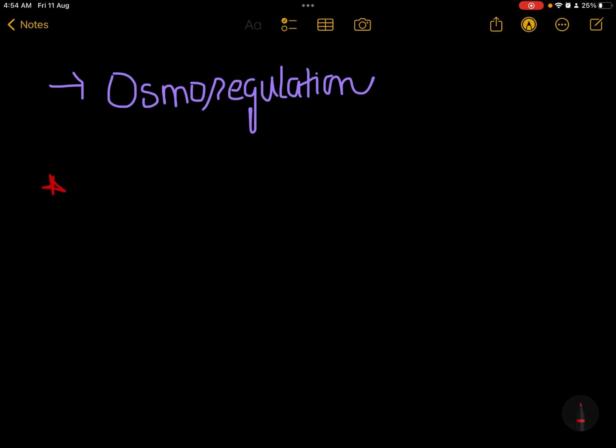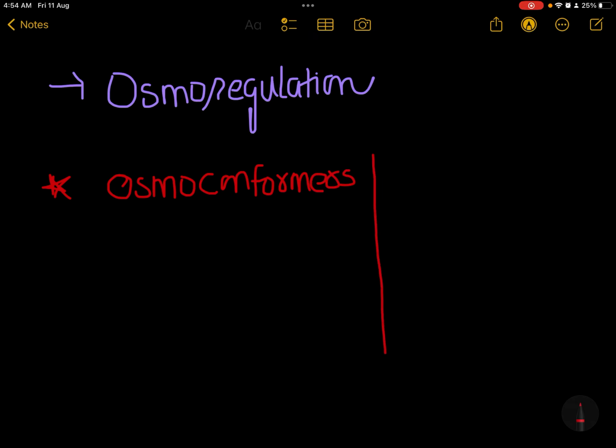The first are known as osmoconformers, and the second are known as osmoregulators.